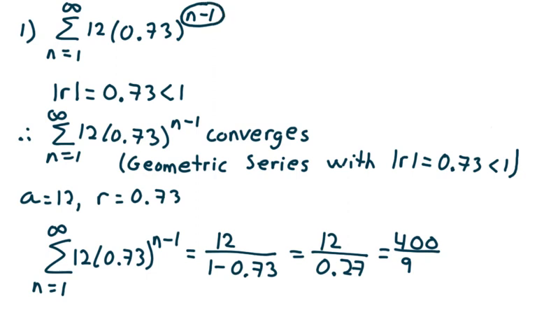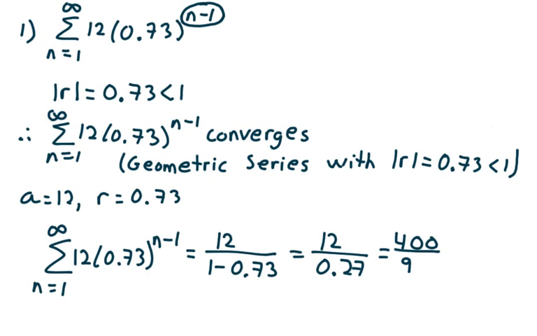Now, the absolute value of r is equal to 0.73, which is less than 1. So that tells me this series converges because it's a geometric series with the absolute value of r equal to 0.73, which is less than 1.